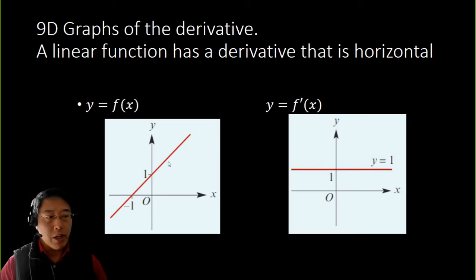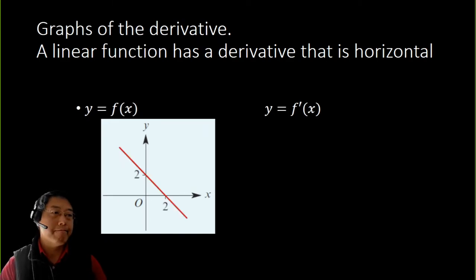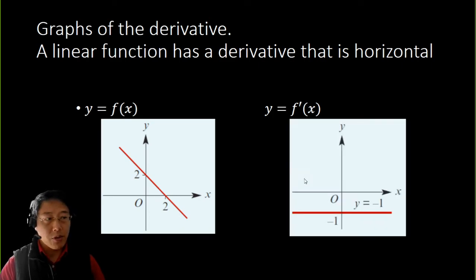So for a straight line, the derivative is a constant, and a constant graphically is also a straight line which is horizontal. Now, if it's negative, the gradient here is -1. So again, it's a horizontal line, but notice it will go through the y-axis at the value -1.